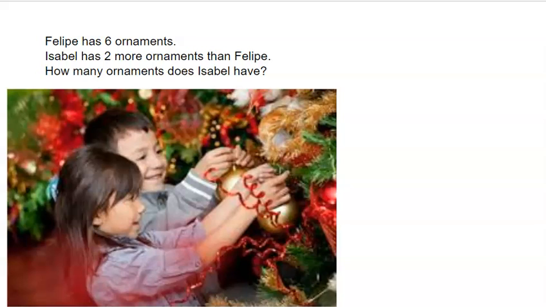Because it told us she had some more. So let's read it with the numbers. Felipe has 6 ornaments. Isabel has 2 more ornaments than Felipe. How many ornaments does Isabel have? Let's go to our graphic organizer.